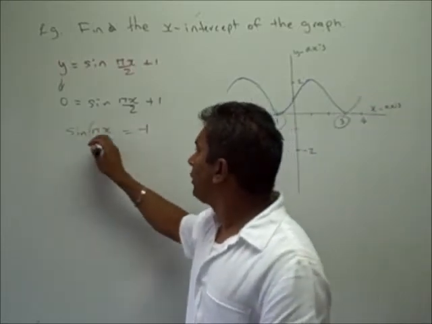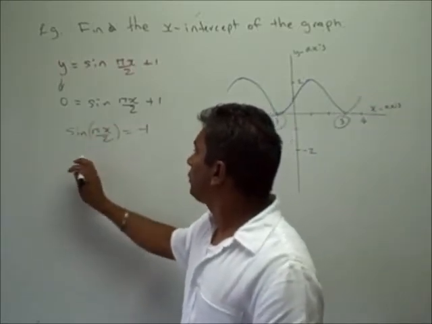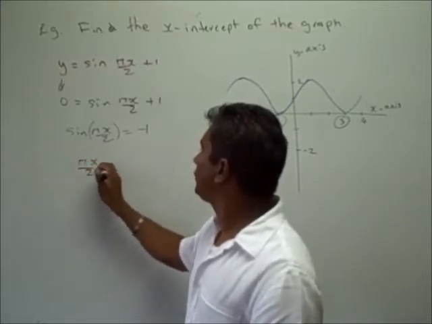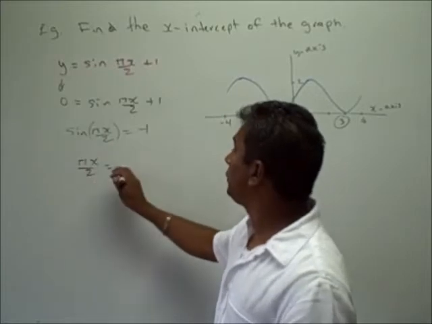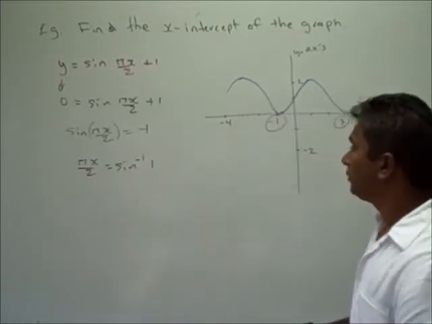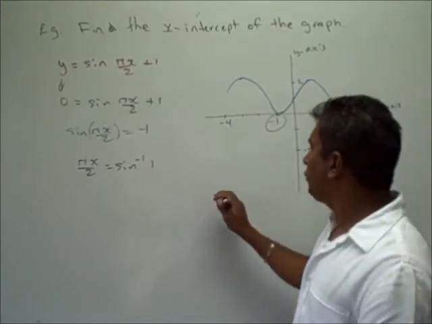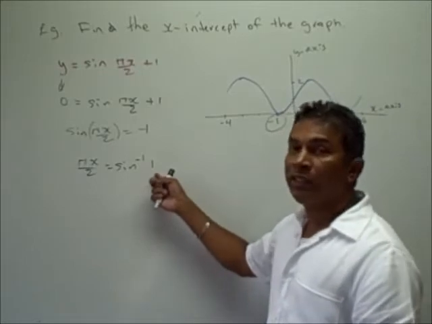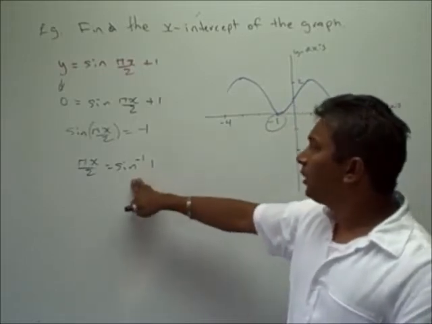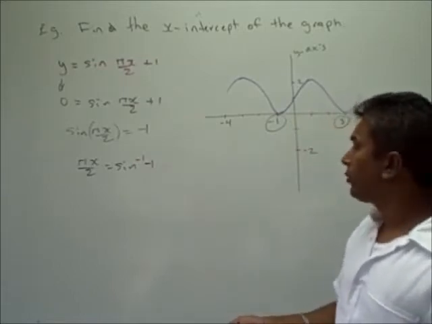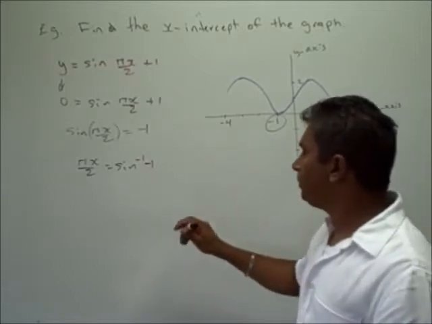Now this is a multiple angle formula, so pi x over 2 is equal to the sine inverse of -1. We know from our unit circle that the sine inverse of -1 is an angle whose sine value is -1, and this would actually be 3 pi over 2.